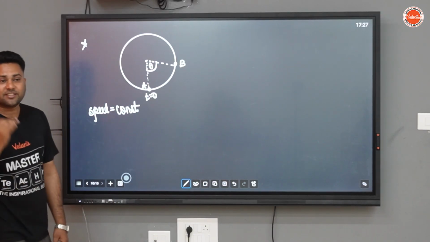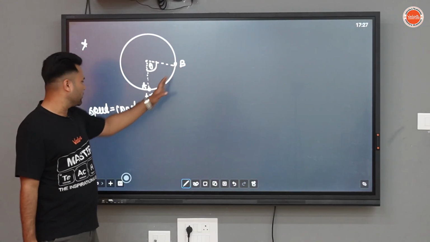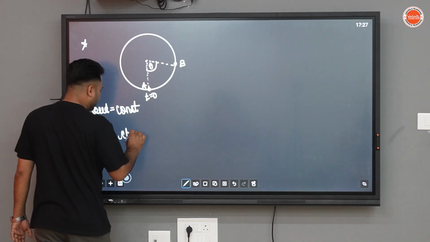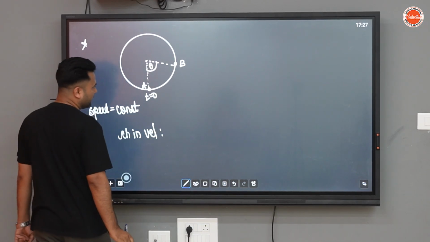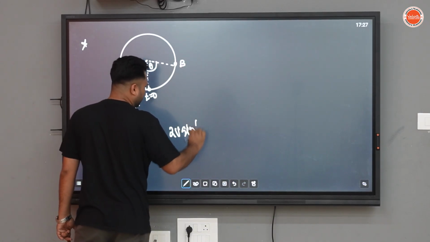If they ask the change in speed, it is 0, because speed is constant. If they ask the change in velocity, same formula as displacement: change in velocity will be 2v sine theta by 2.